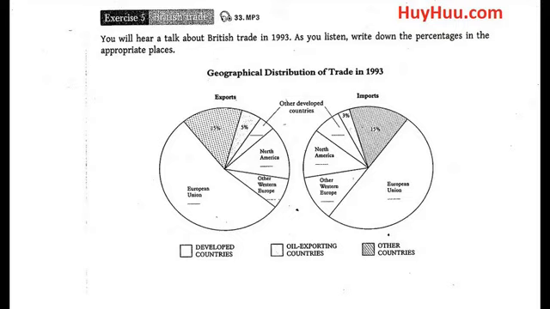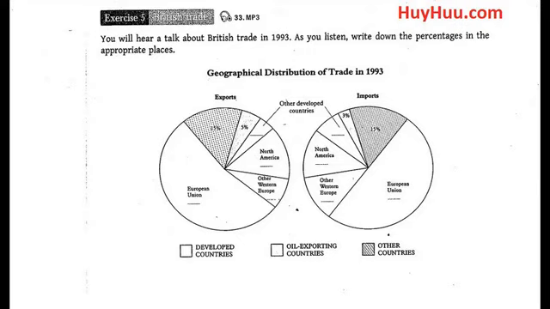Look at 2 pie charts below. They give you some information about British trade by geographical distribution in 1993. The left pie chart is for exports, and the right one is for imports. Now let's look first at the left pie chart, the exports pie chart.